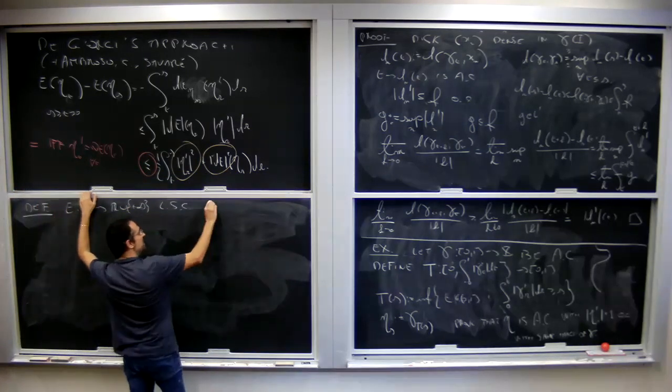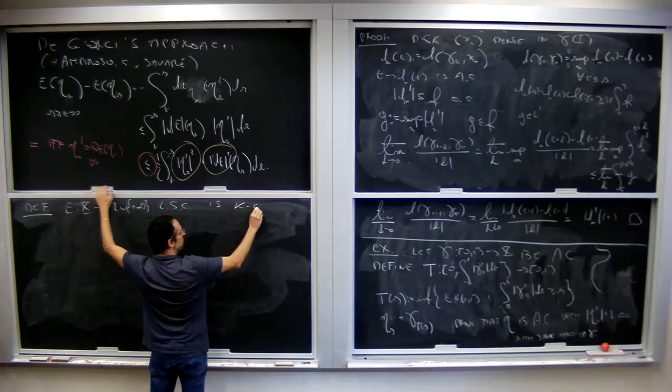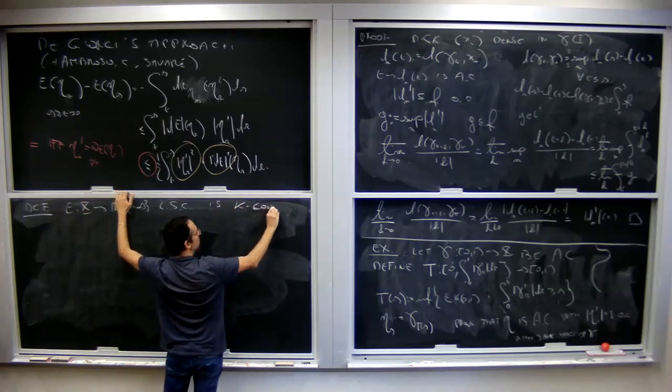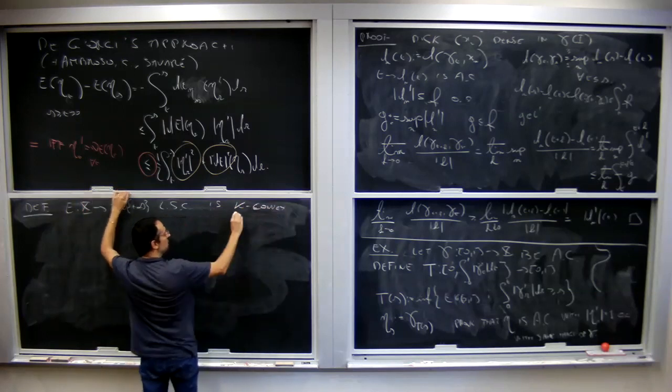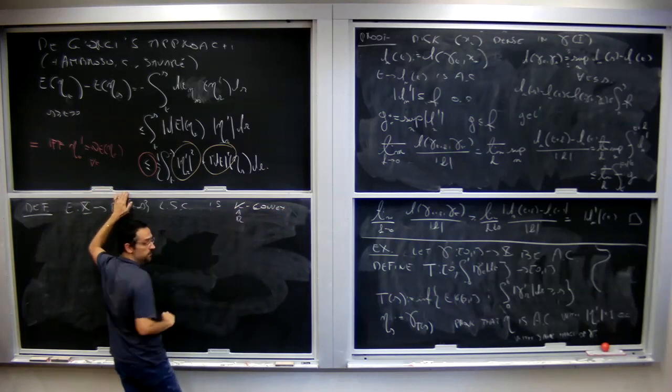We say that E is k-convex, or k-geodesically convex, but let me drop the geodesic term. K is a real parameter.